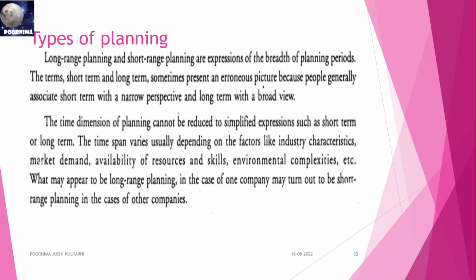There, the employees were not working. There was nobody to load the raw materials and send them to the producing company. So there was the availability of resources, and environmental complexity. What may appear to be long range planning in one company may turn out to be short range planning in another company.